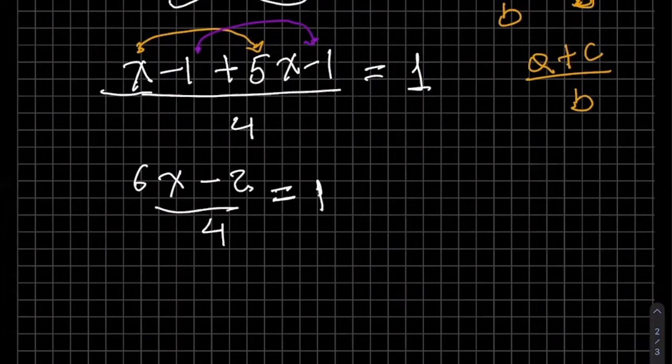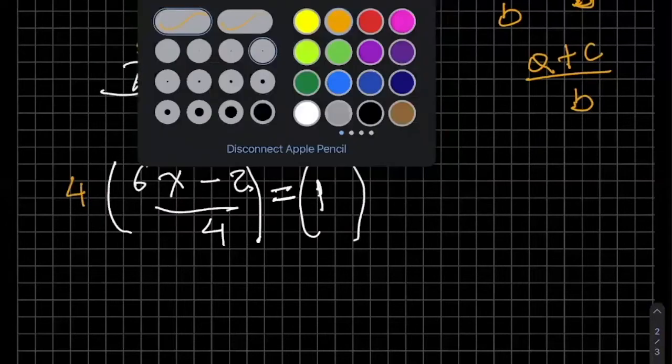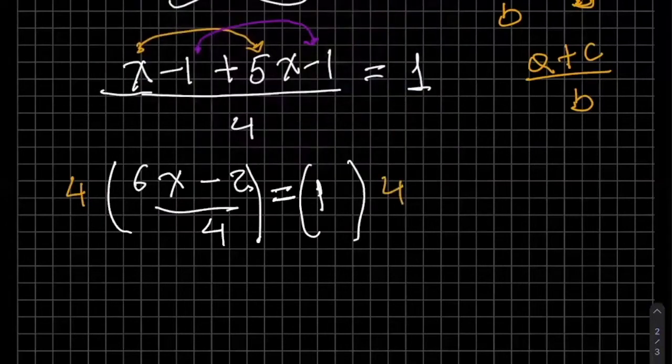Now we can multiply 4 to both sides. What we have is 6x minus 2 is equal to 4 times 1.